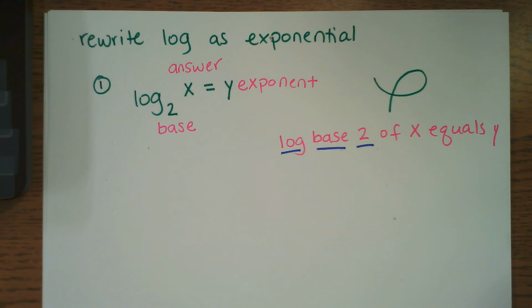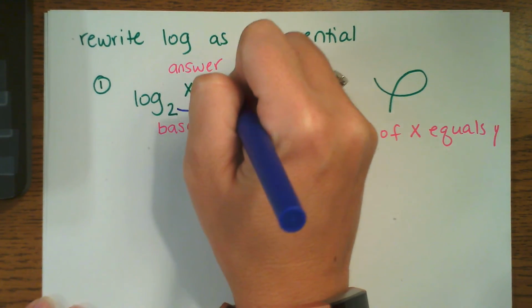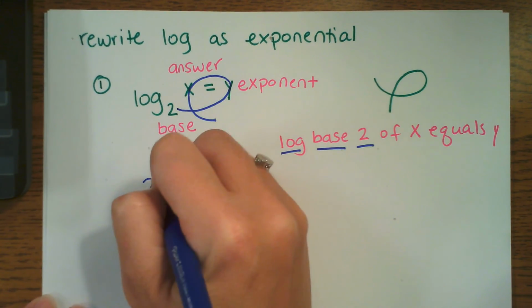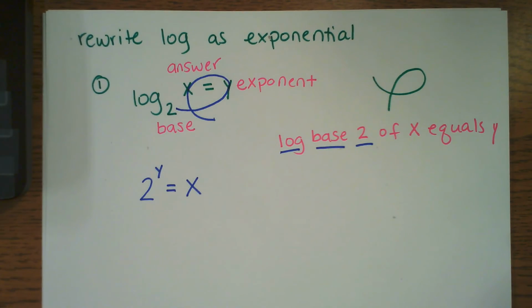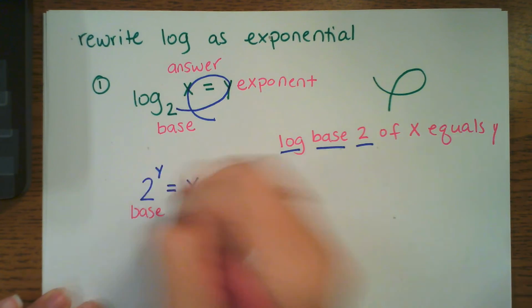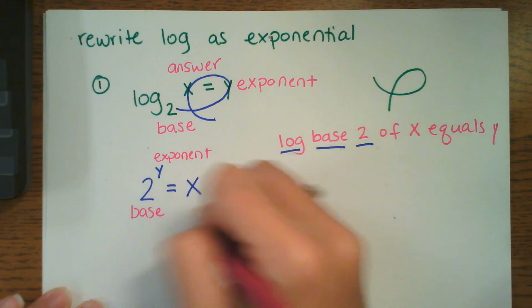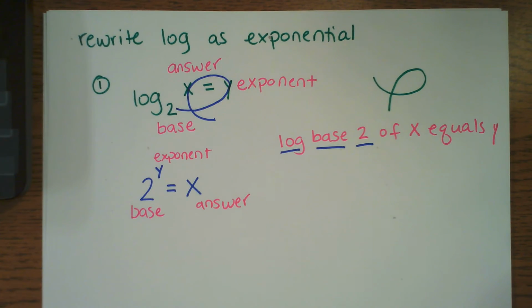All right, so when I rewrite, I'm going to make that loop. 2 to the y equals x. 2 to the y power equals x. There's my base. There's my exponent. There's my answer. So that's why that loop is important.